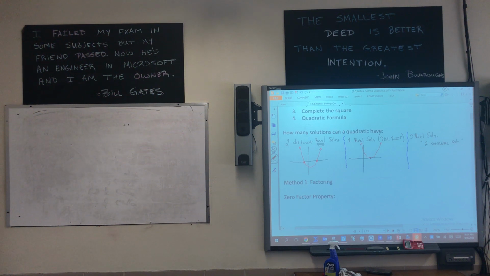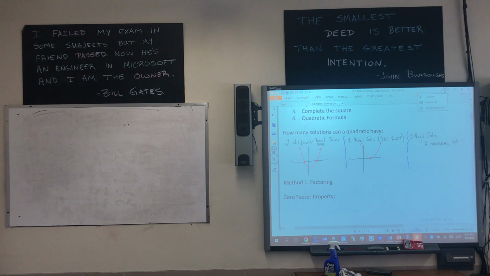Okay? Non-real meaning that they're going to incorporate a negative square root in them. And you guys remember last year that brings in what number? Okay, it brings in your imaginary numbers. And it actually takes us into dealing with things like a plus bi or a minus bi, that kind of stuff.